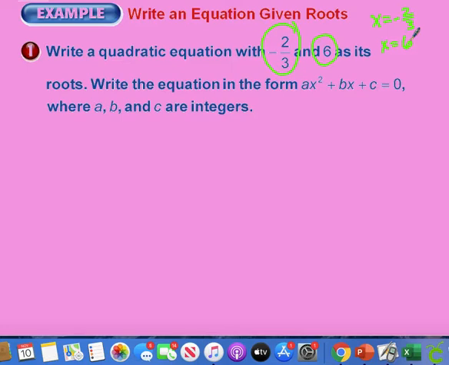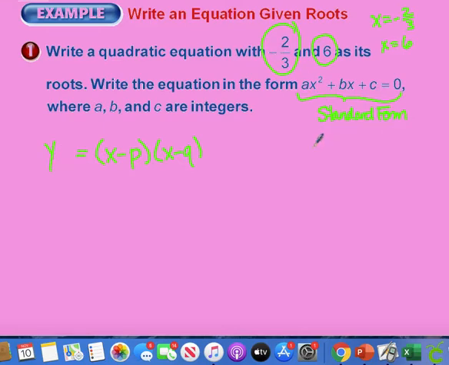It says write the equation in the form ax squared plus bx plus c. That's just standard form. So what I'm going to do is start with factored form. Our factored form starts as the expression (x minus p)(x minus q), and that's going to equal our y value, which should be 0.